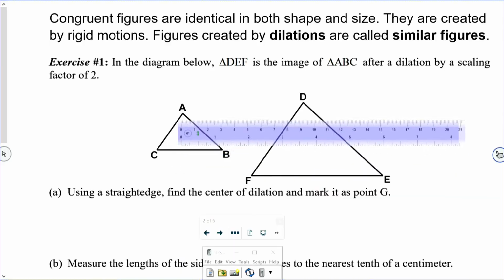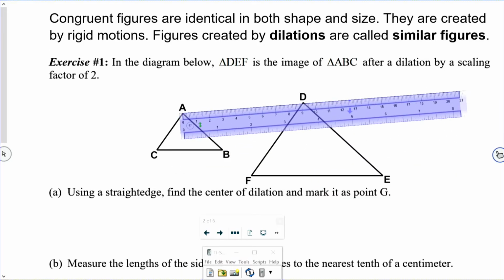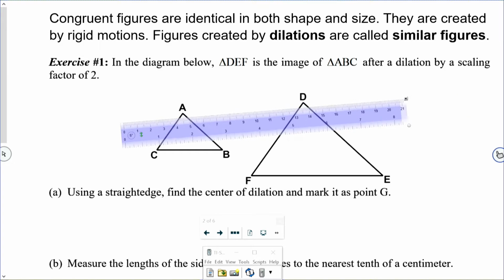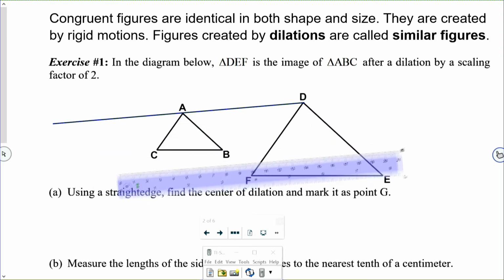So here we go. I'm going to take my ruler and draw a nice straight line, or ray, or segment, or whatever you want to call it, from D through A. Somewhere the center lies along that.